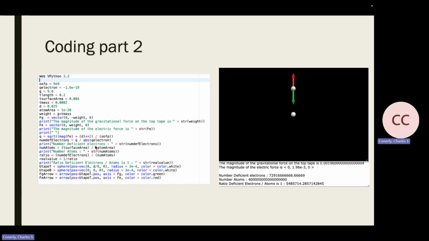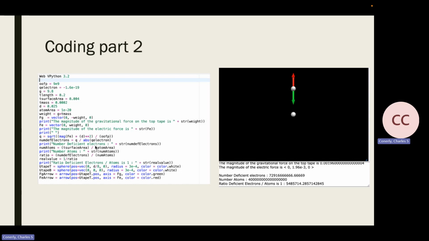We can actually get a number for how many electrons were lost on that initial setup. We can get a good idea also about the number of atoms once we get that electron number. And then we're able to get a ratio, and that helps us understand the initial interaction when we're setting up the tape at the beginning of the experiment.